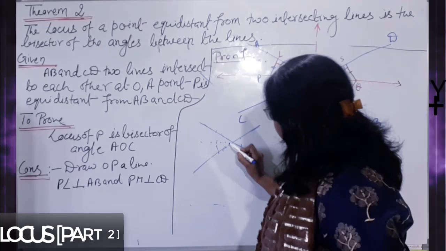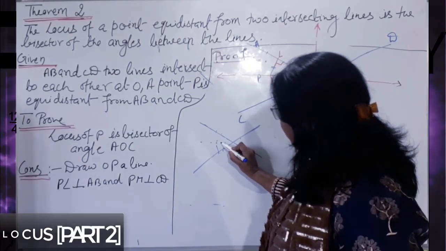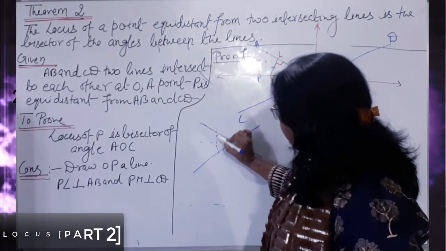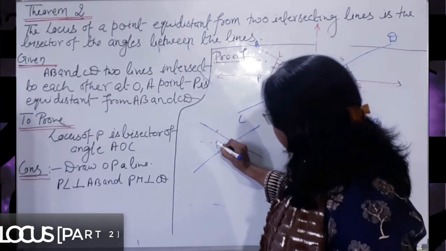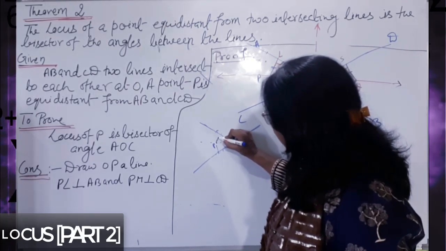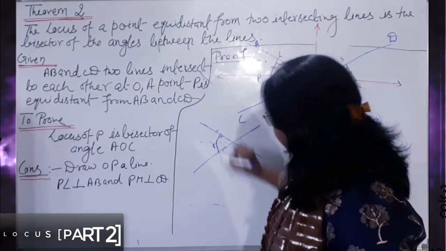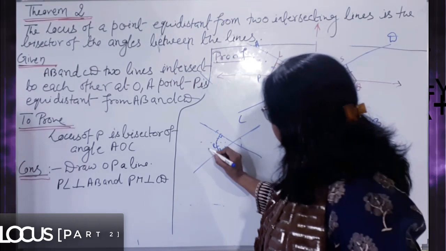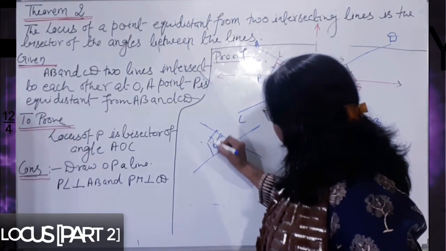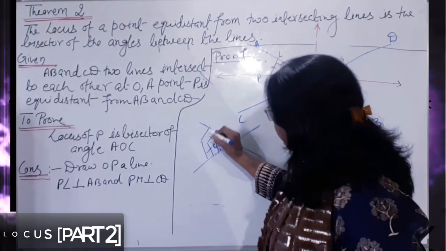In the same way, for each point equidistant from both the lines, suppose this is my point P. Draw a perpendicular from here, and on this side a perpendicular, and both are equal. In the same way, for another point, these two are equal, these two are equal.